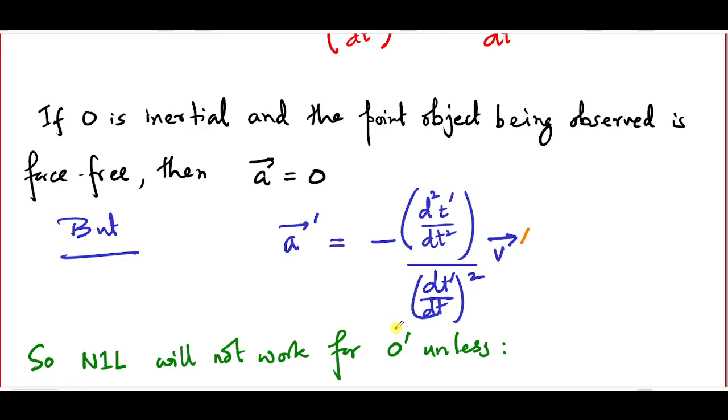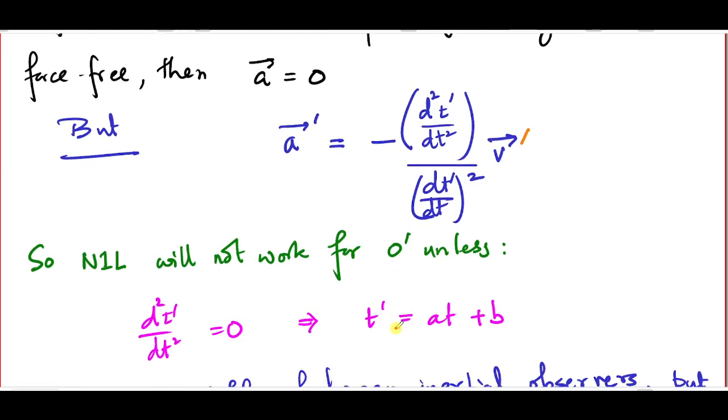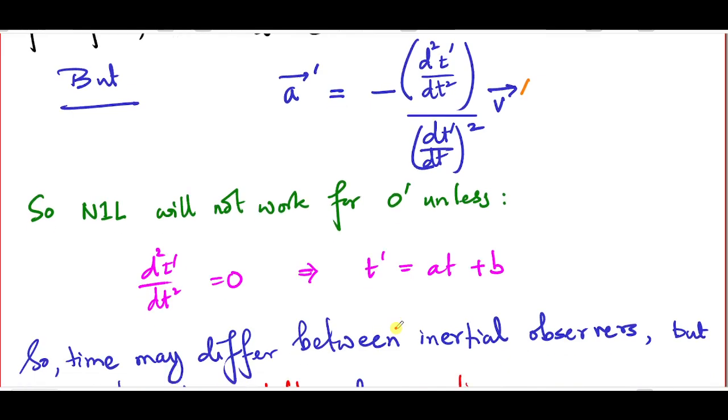Newton's first law will not in general work for O prime unless you have d2t prime/dt2 equals 0, and that means t prime has to be equal to a constant times t plus another constant. t prime has to be at plus b.